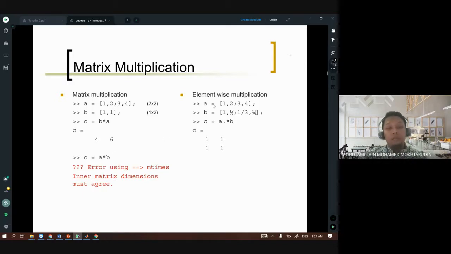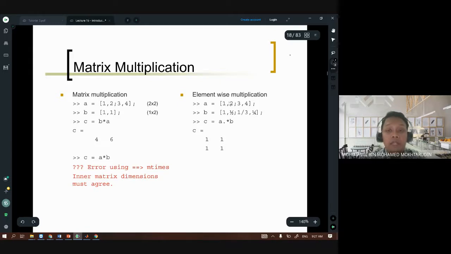Okay, so in MATLAB, we have element-wise multiplication. Element-wise meaning that we multiply element by element. For example, 1 kita nak darab dengan 1, 2 darab dengan 1/2, 3 darab 1/3, 4 darab 1/4.